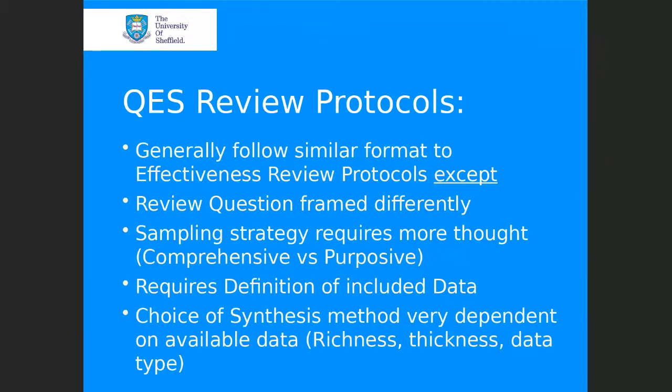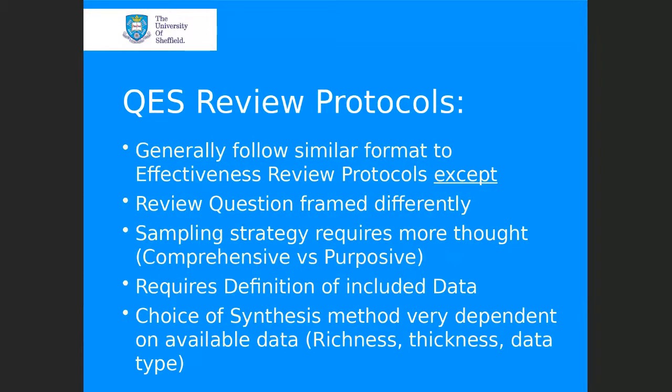And when it comes to the choice of synthesis method, this is very dependent on the available data, such things as the richness of the studies, the thickness of the contextual detail, and the data type.